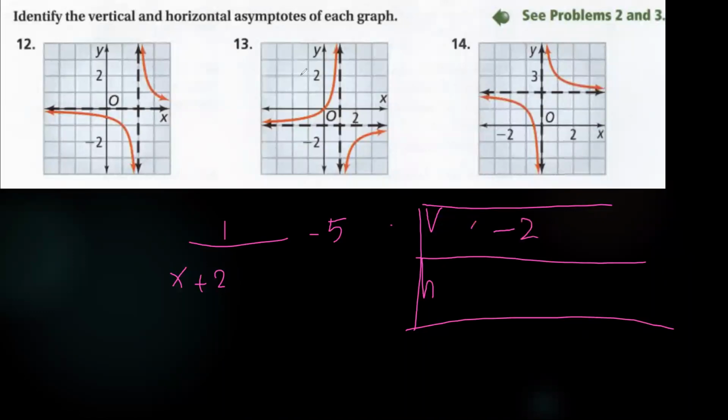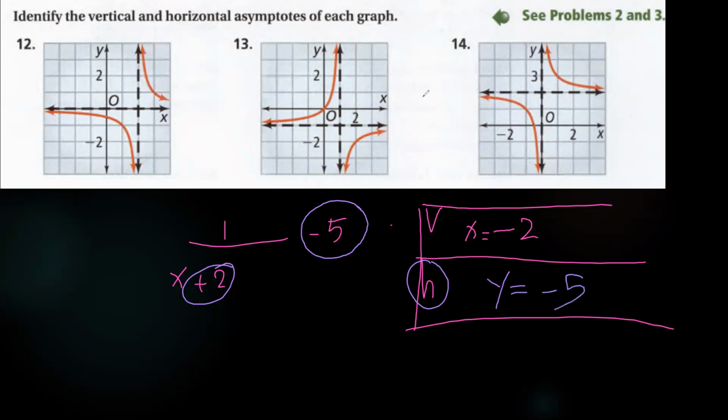Good job, at x equals -2, because to find the vertical I have to look at the zeros of the denominator, which is at -2. And to find the horizontal, I have to look at the number outside the rational function, which is -5. So the horizontal will be at y equals -5. Good job.